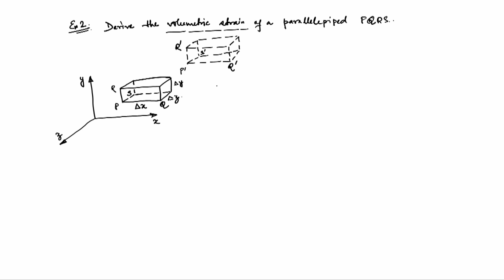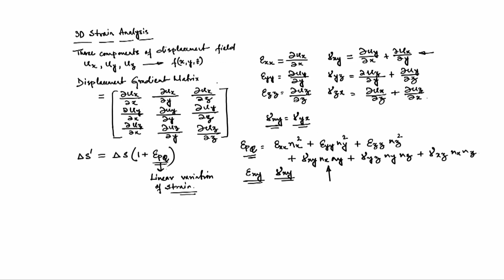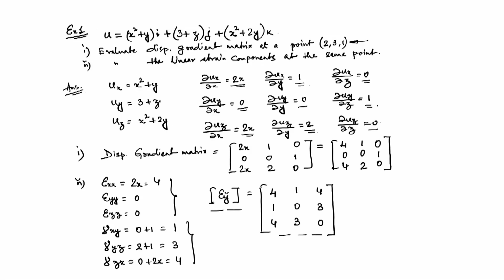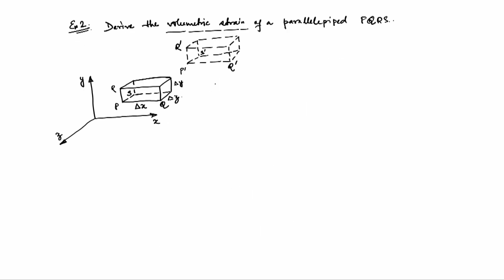Okay. So, recall we have already studied this expression that we are going to use in this problem. Delta S prime is equal to delta S times 1 plus epsilon PQ. So, if you consider this edge PQ, after deformation this is the length and delta S is the initial length, right.